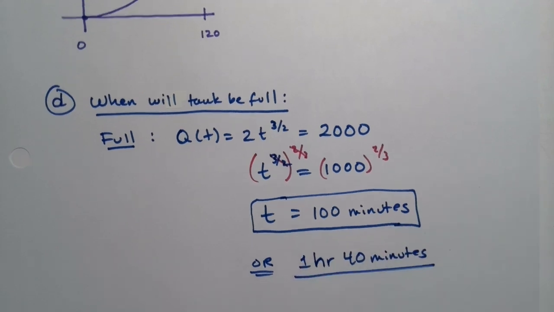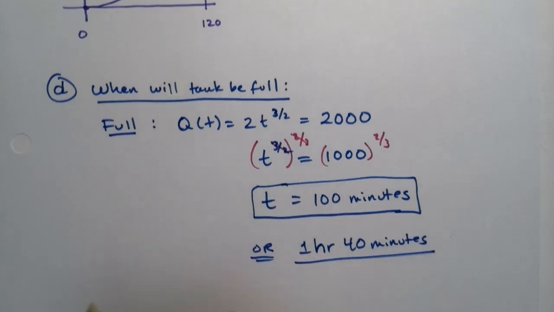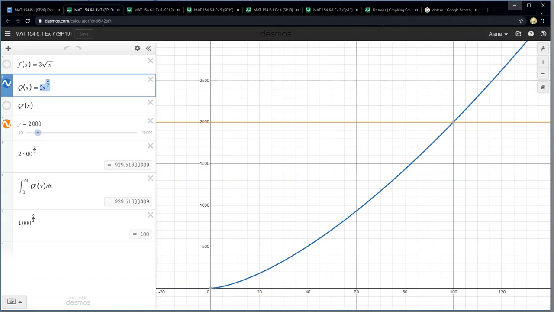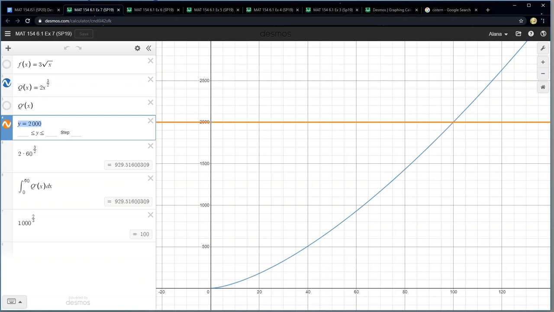Now I can tell that I'm right. I can verify with the graph. If I look at my Desmos right here, I put in a graph of y equals 2,000, and sure enough, it's equal right there. And look, I did 1,000 to the 2/3 right there, and it's 100. I did it in my head as well, but it all works out. You'll notice, by the way, that if you wanted to check yourself in terms of finding the integral, I did that right here. It doesn't count as by hand work, but at least you can check that the 929.51 that we came up with in the original part A is correct.